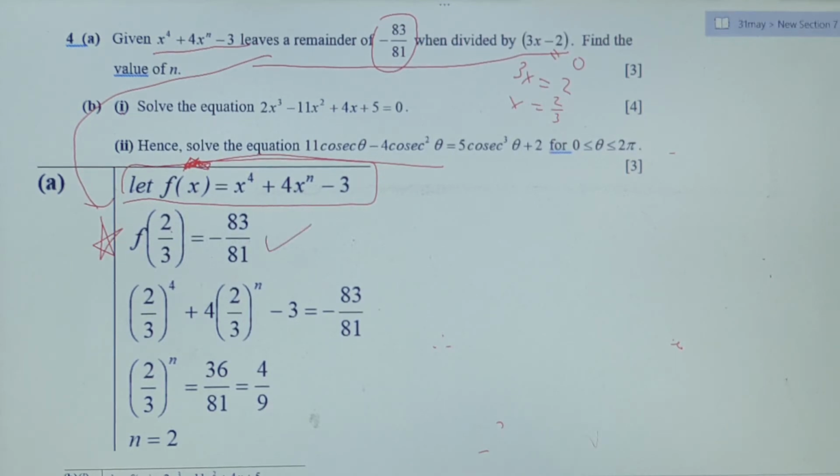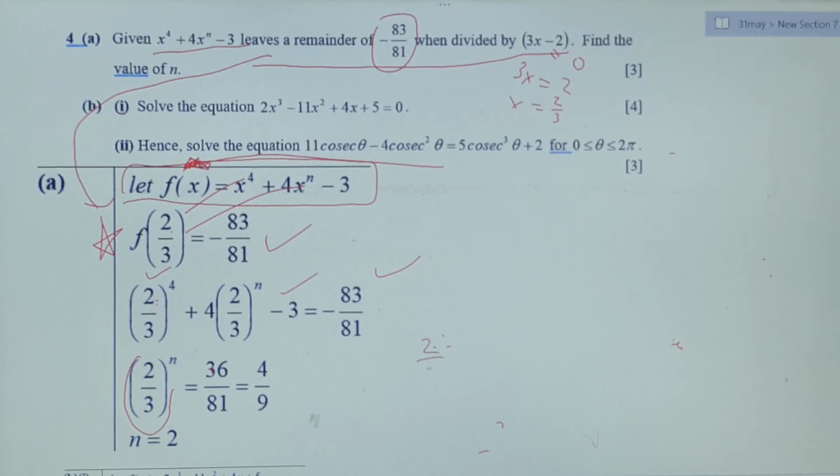Okay, now you sub in here, and from here you can press calculator, right? So all go to the right hand side, then you divide by 4. Okay, from here, this one simplest form is this one.